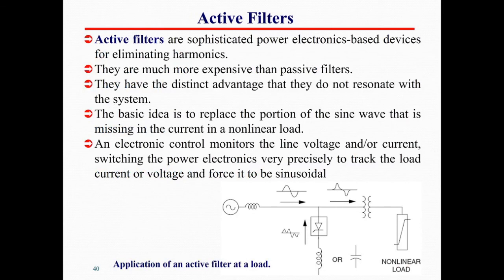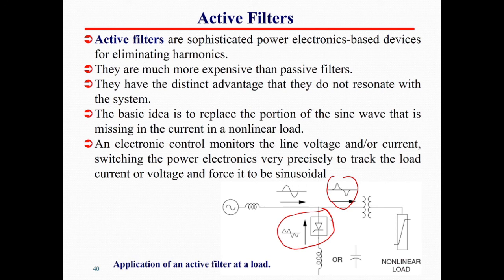Active filter. So this is the active filter. An active filter is made from power electronic devices. Okay. So over here, suppose that we have a nonlinear load. As a result, the current that is taken by this nonlinear load will not be sinusoidal.